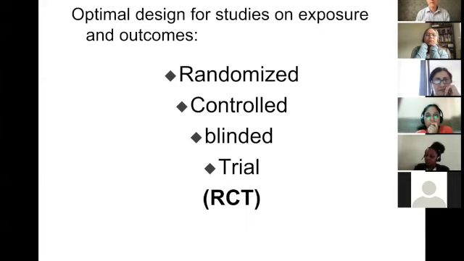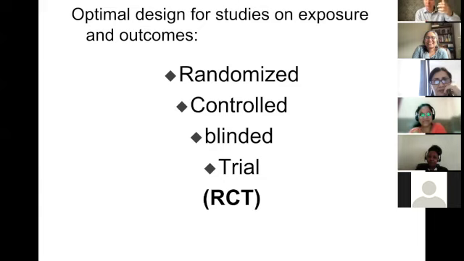In the clinical setting, the best design to study exposure and outcome, I would call, is an RCT, a randomized controlled clinical trial. Or in other words, to be frank and open with you, this is a study design for doctors who can't count, because if you do a good randomized trial, it's a perfect study design.